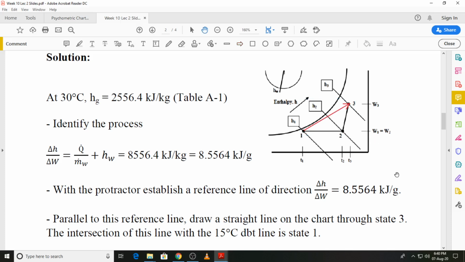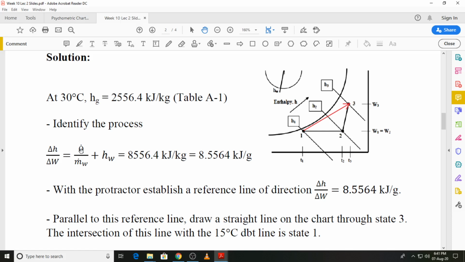And for this process from state 1 to 3, which includes both sensible heating from 1 to 2 and addition of moisture from 2 to 3, that is humidification, we have the result from our previous analysis that delta H by delta W is equal to Q dot by M dot W plus HW.